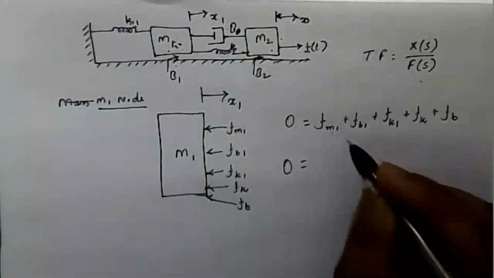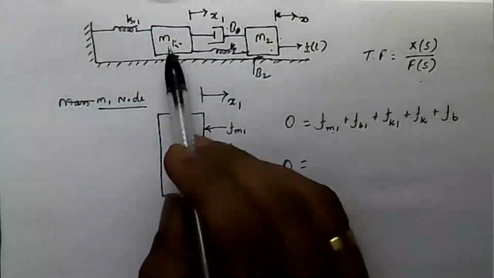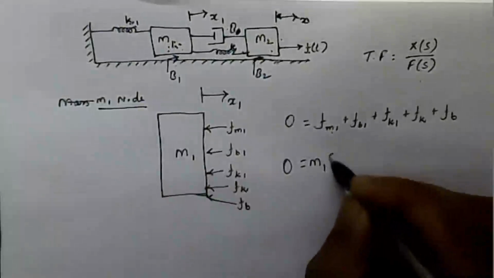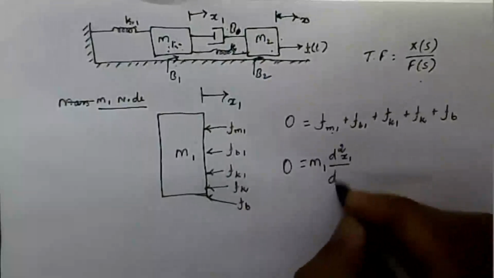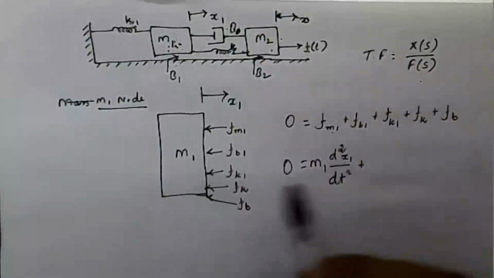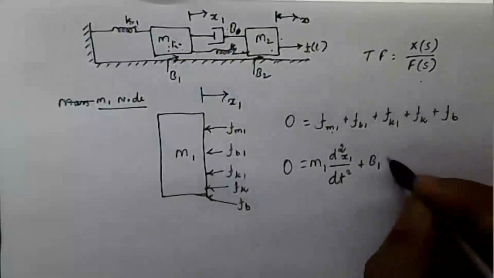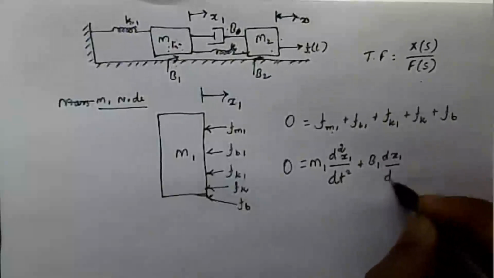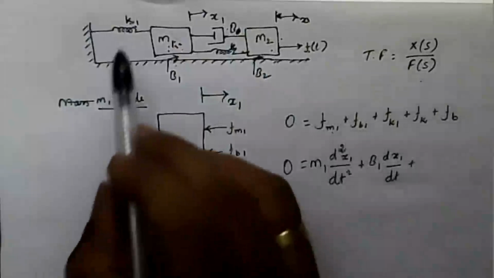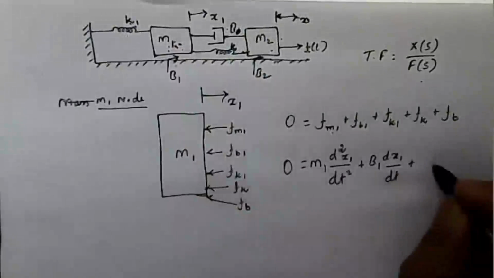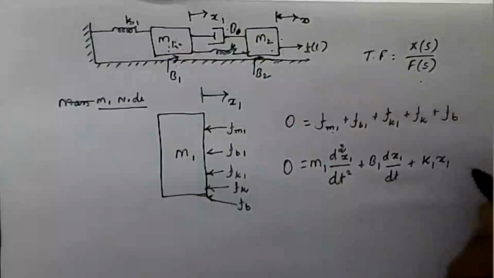The force on the mass element is directly proportional to acceleration. Here the mass is m1, so m1 d squared x1 by dt squared, plus the force on the dashpot element B1, whose coefficient is b1, times dx1 by dt, plus the force on the spring element k1, that is k1 into x1.